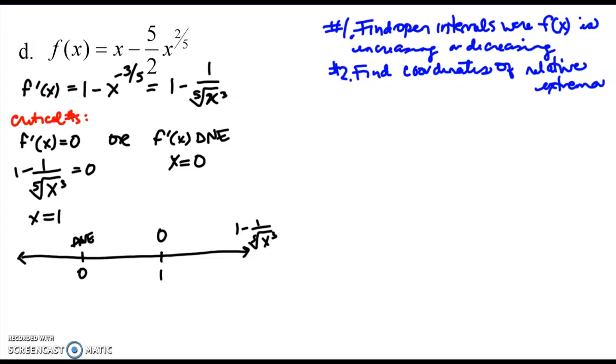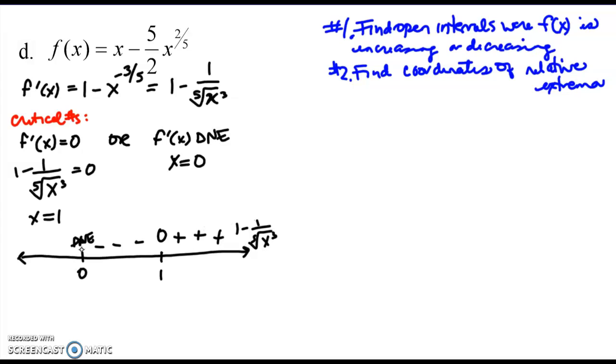Okay, what do we know about the between there? If x is greater than 1, it's going to be 1 minus a larger number down here, so we're going to find that that evaluates to positive. If x is, say, 0.5, then we're going to have 1 minus this, it will evaluate to something bigger than 1, so this is going to yield a negative.